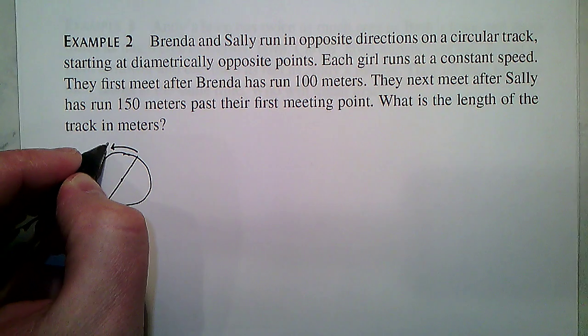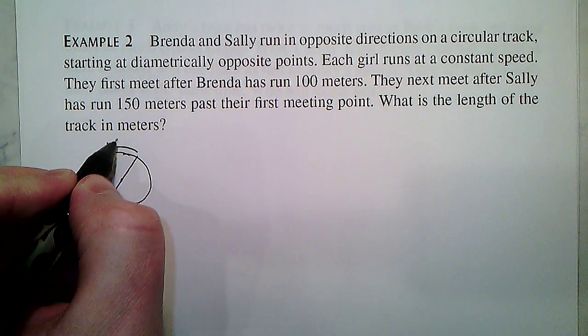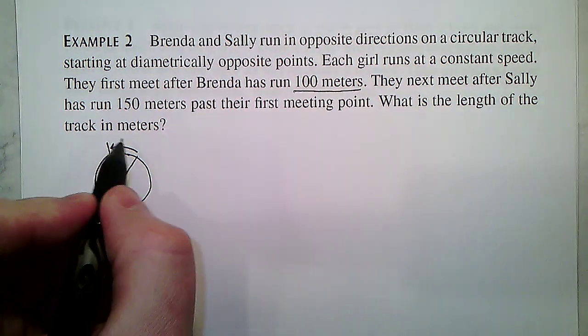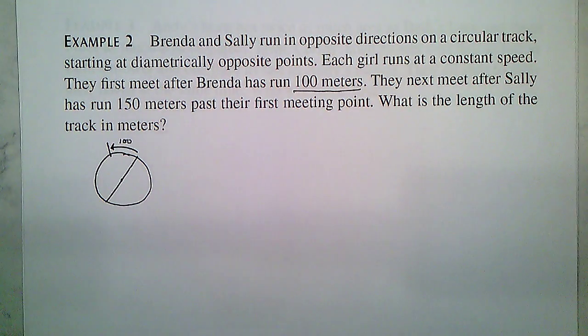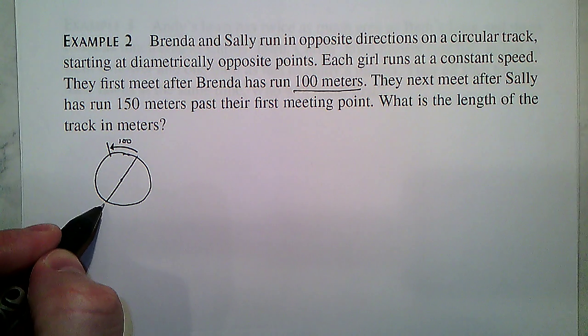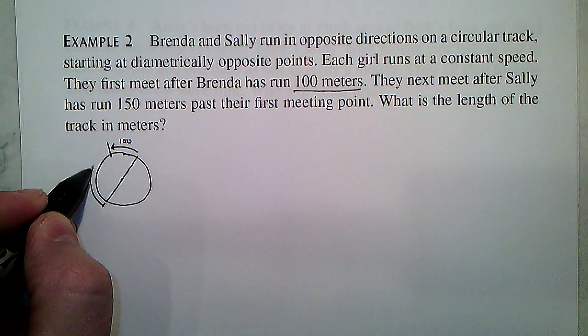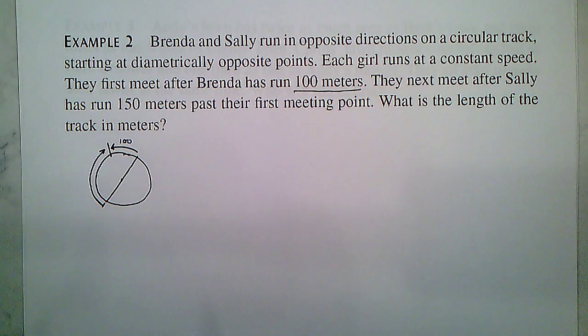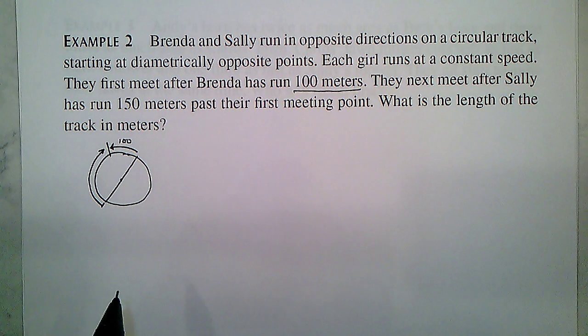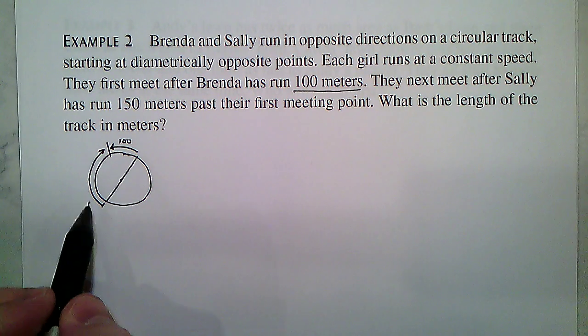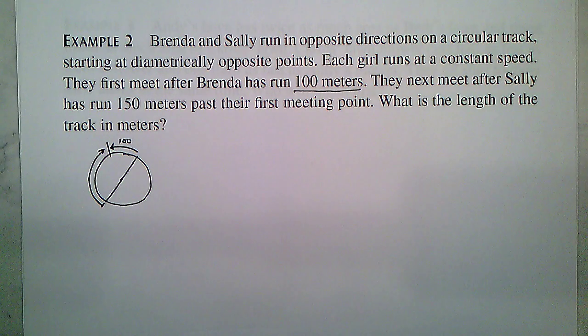And we know that they first meet after 100 meters. So let's say Brenda's going in that direction and she travels 100 meters. Now, Sally started over here and she's gone that far. Now notice that Sally and Brenda together have actually gone halfway around the track.